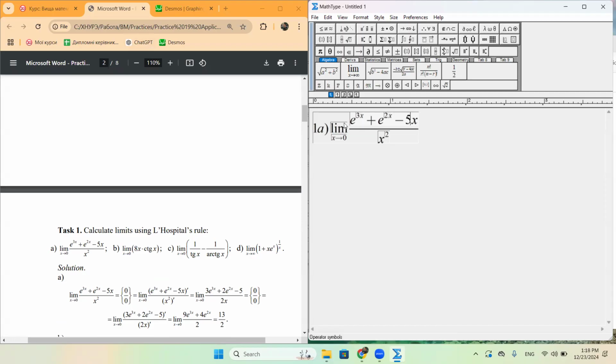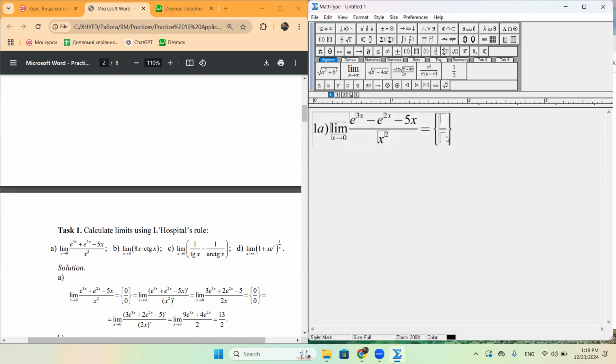Because if I substitute, 1 plus 1 minus 0, everything is okay. So 1 divided by 0, no indeterminate form. So it must be plus or minus. So 1 minus 1 minus 0, divided by 0.